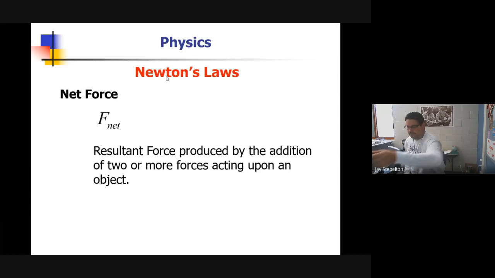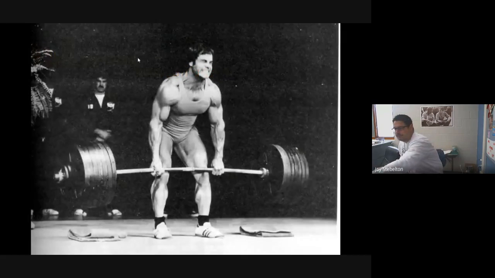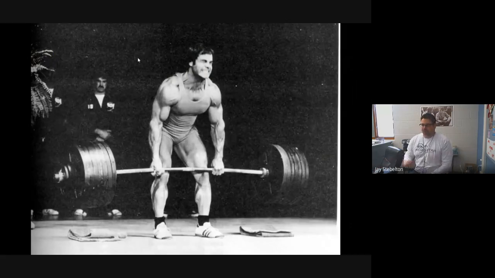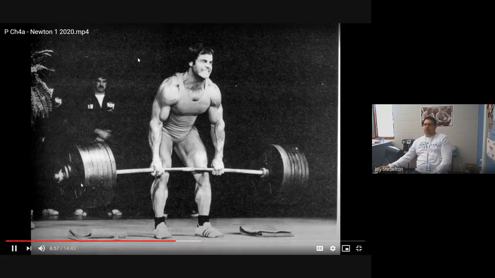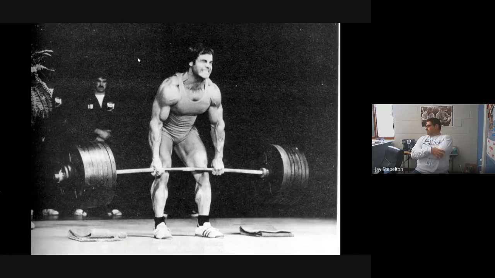Let's take another look at, well, this is me working out in the gym. No, that isn't, of course. That's Dr. Franco Columbu, Arnold Schwarzenegger's chief competitor and his best friend. But let's look at this. This is a deadlift with 1, 2, 3, 4, 5, 6, 7 plates on each side.